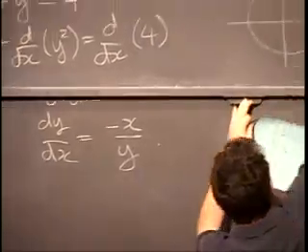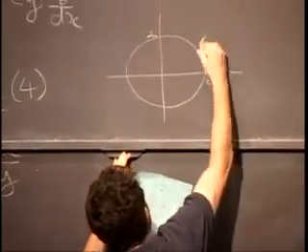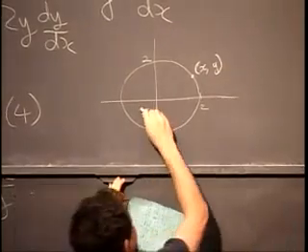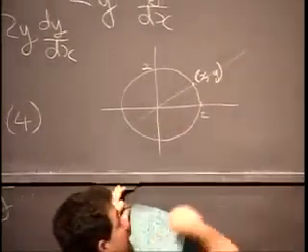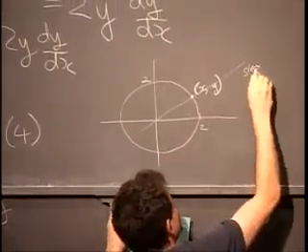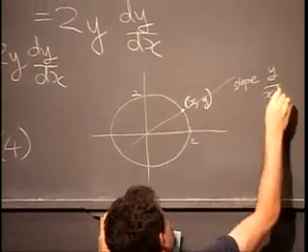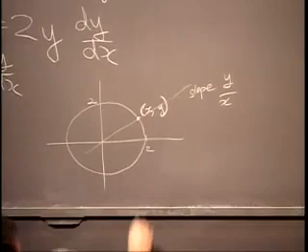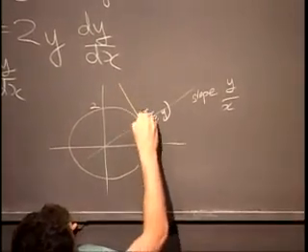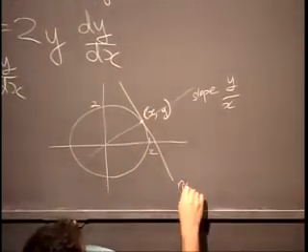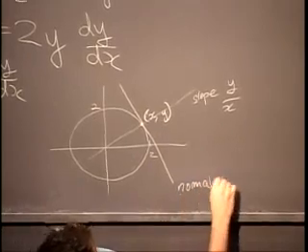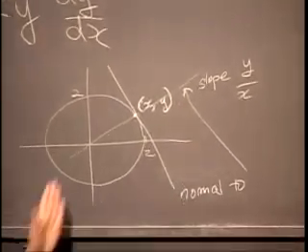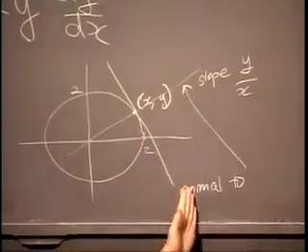If you take a point x, comma y on the curve, the line from the origin to that point has slope y over x, because its rise is y and the run is x. So we know from elementary coordinate geometry that the normal to this line, that's perpendicular, is actually the tangent to the circle, right?